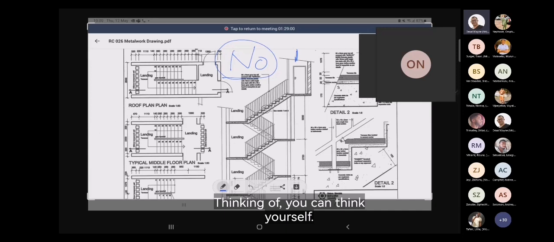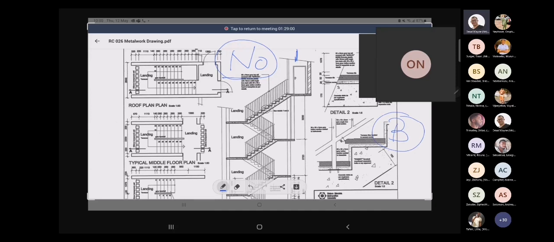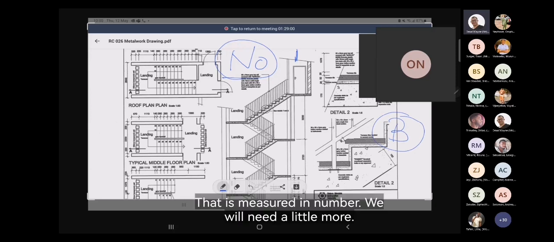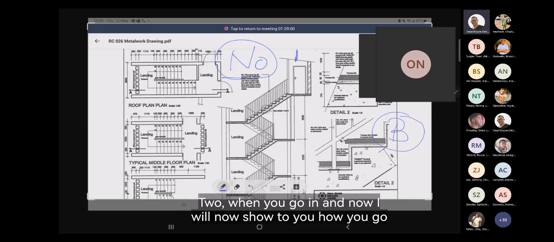You can think to yourself, when looking at alternative B, that is measured in number, we'll need a little more information. So when you go in, I will now show you how we'll go about doing that.